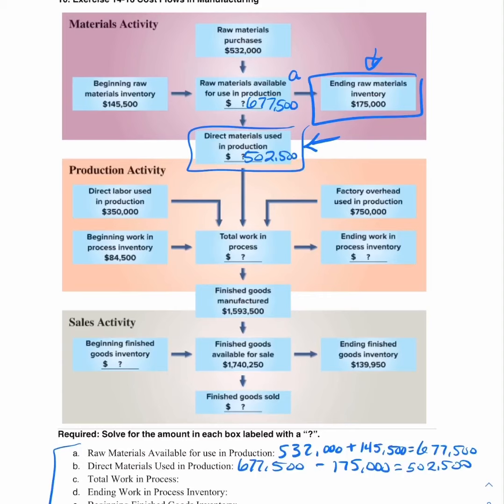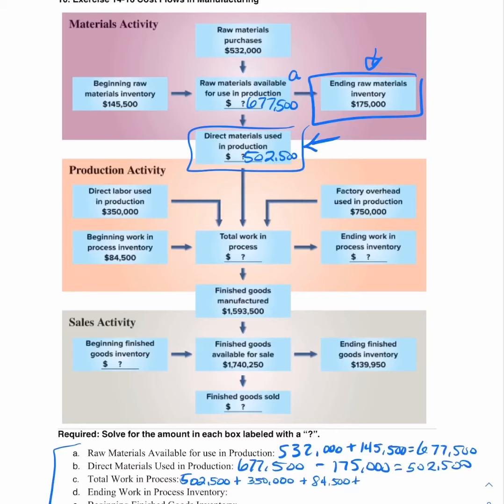Now, to calculate my total work in process, you got to be careful here. There's a lot of arrows coming from a bunch of directions, so don't accidentally miss one. So I'm going to start with the one that we just did, 502,500. Then I'm just going to add everything I see. So I see 350,000. I see 84,500.